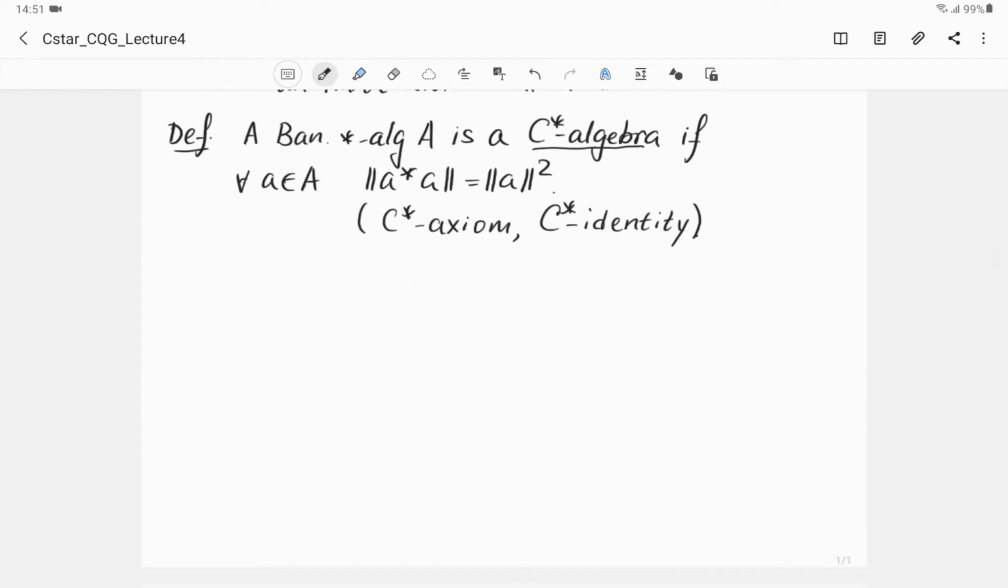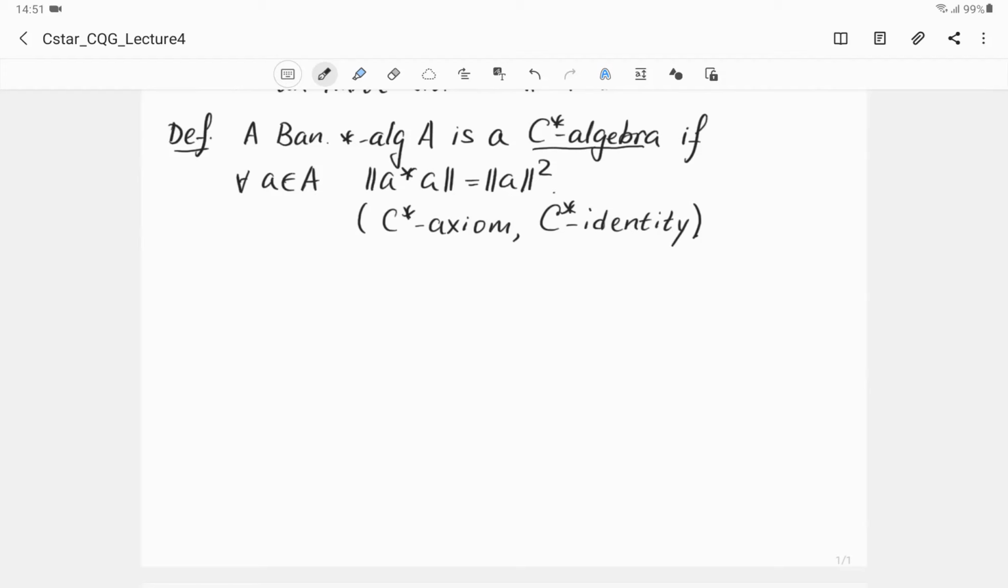I've already said at the first lecture that C-star algebras were introduced by Gelfand and Naimark in 1943, and they used different terminology, and the modern terminology was introduced probably by Irving Segal around 1950.